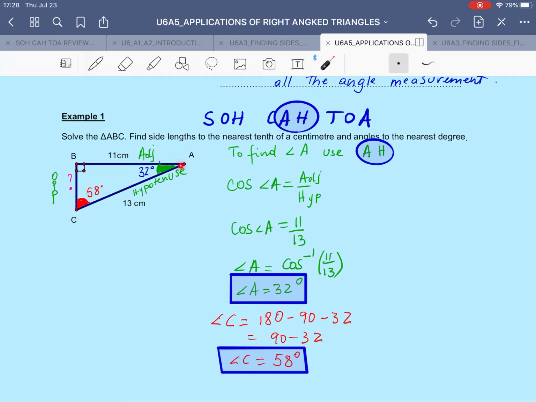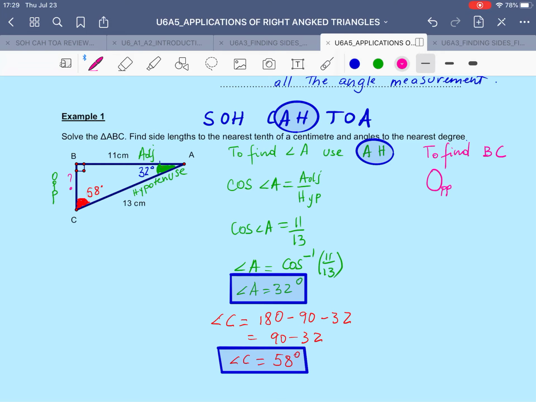And I can use either the side 13 or the side 11, so either adjacent or the hypotenuse. So to find the side length, the side length BC is an opposite side, right?